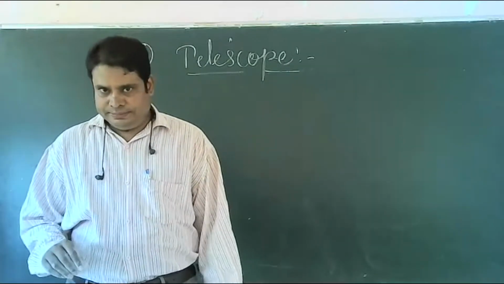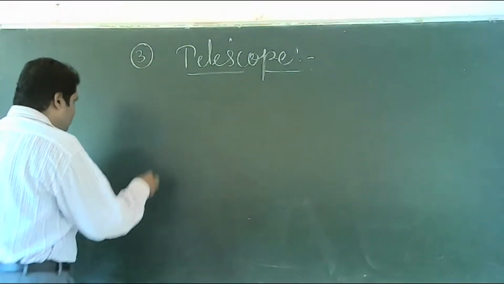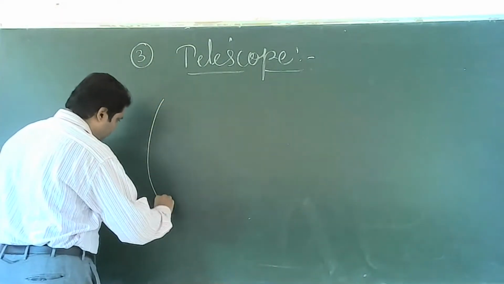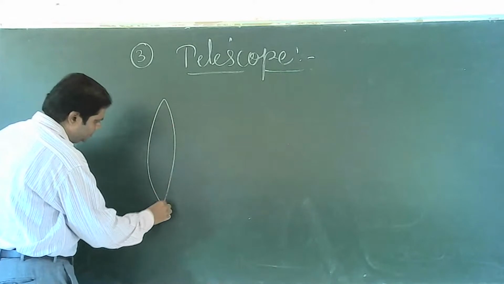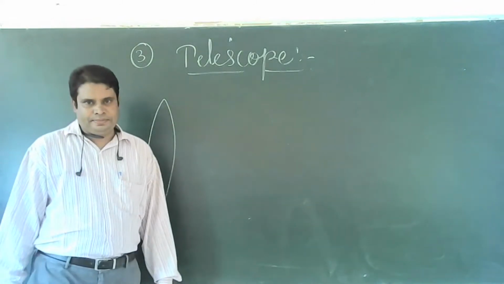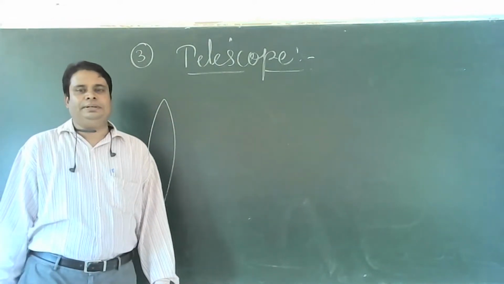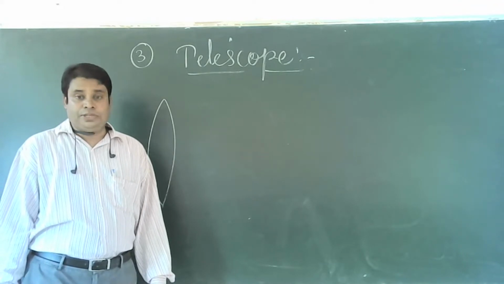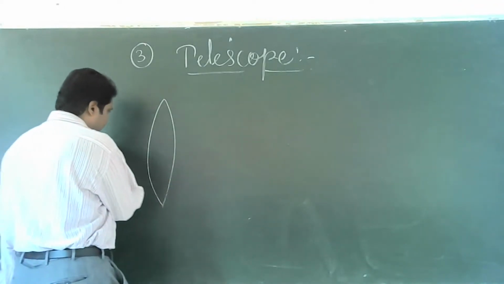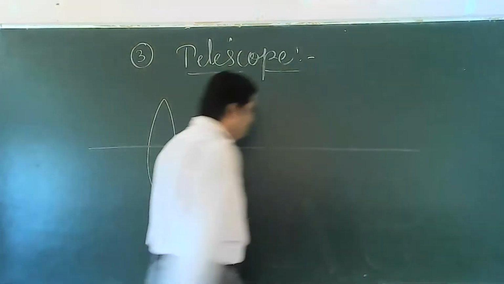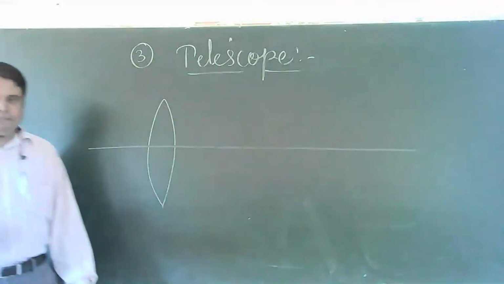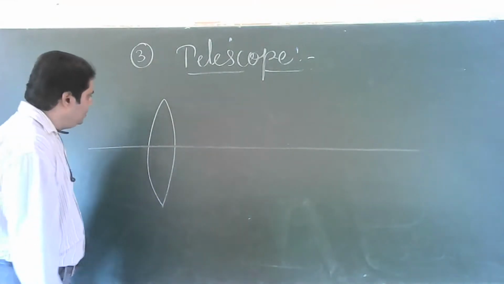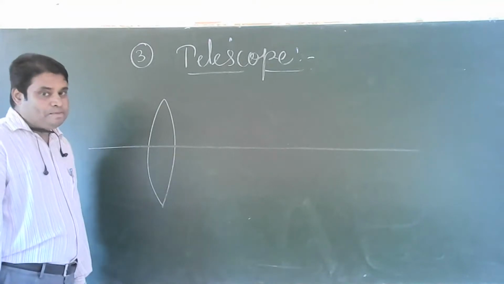How does this telescope work? A telescope has a lens here which is called the objective, having a large aperture.